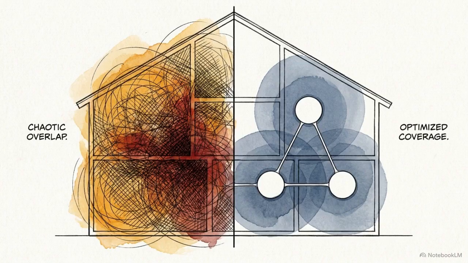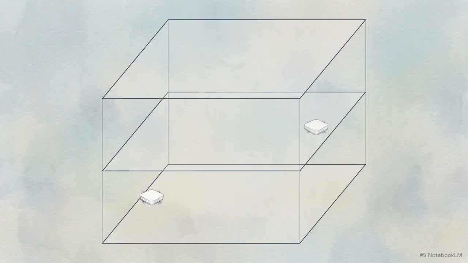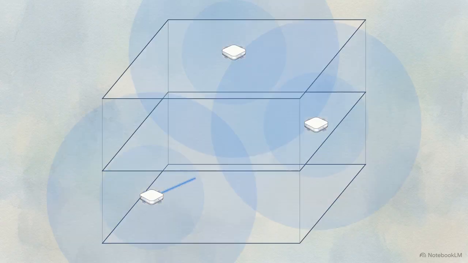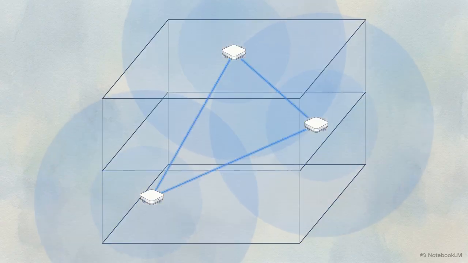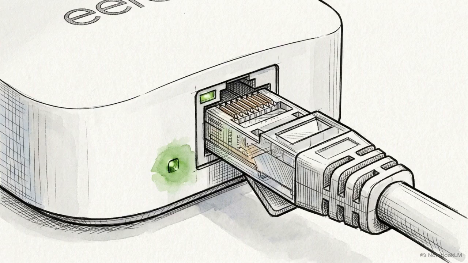The result of these adjustments is an optimized network fabric that replaces the oversaturated consumer setup. This requires triangulated, staggered node placement to avoid physical RF attenuation. It demands a wired Ethernet backhaul to reclaim the entire wireless spectrum for client devices.